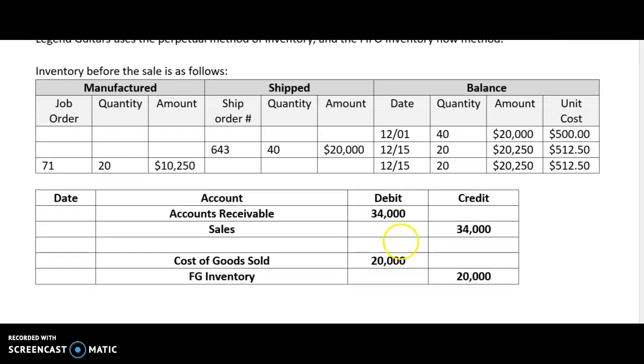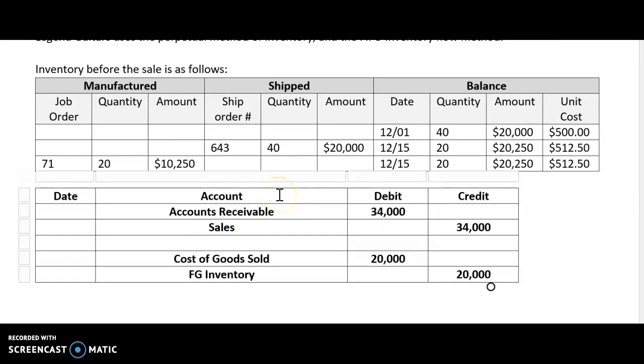Okay, so let's look at this inventory list to make sure we understand. We had some manufactured from a previous period that only cost us $500. Now we just sold all 40 of those, and the cost was $20,000. We sold them for more than that amount. That's how much it originally cost us to make those.